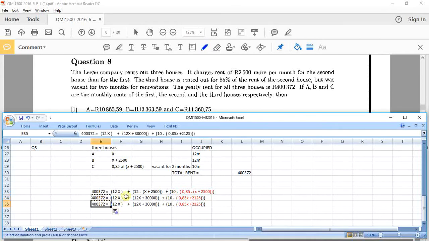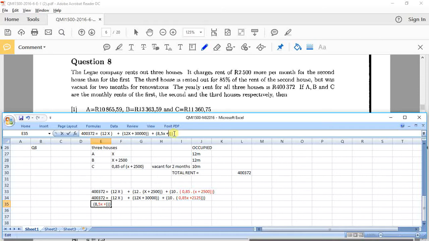So 10 times that would have been 8.5x. And then 0.85 times 2,500 times 10, divide by 8 times by 10.